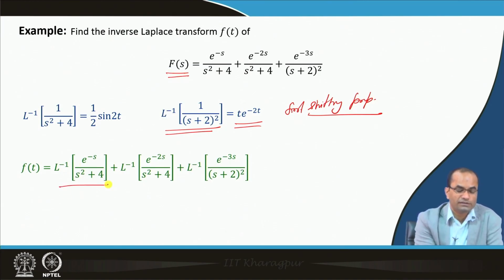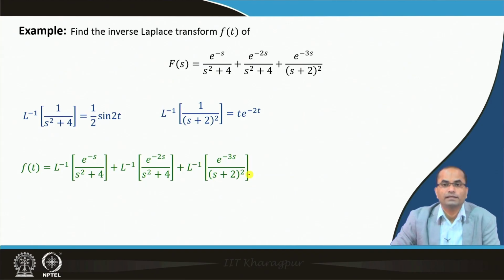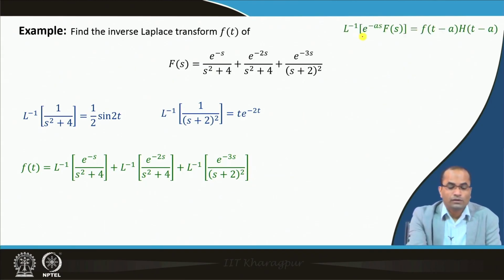Now we can get the inverse. The Laplace inverse of e^(-s)/(s²+4), e^(-2s)/(s²+4), and in the third place e^(-3s)/(s+2)².